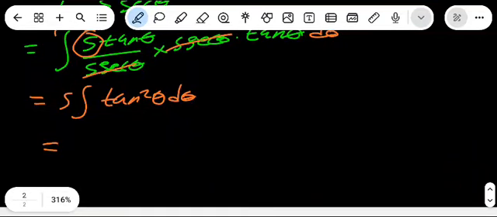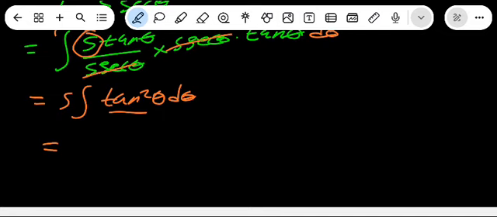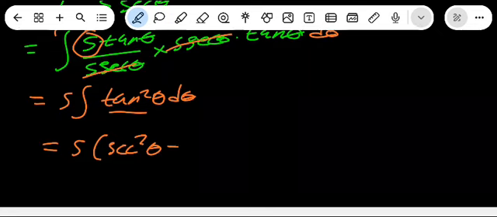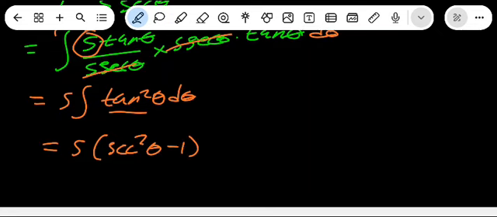So this will be equal to, we can expand this using the trigonometric identity, 5 times the integral of secant squared theta minus 1. All right, so this is what we have so far.